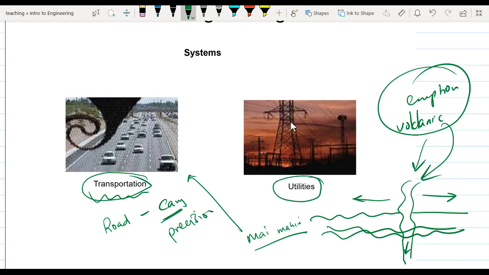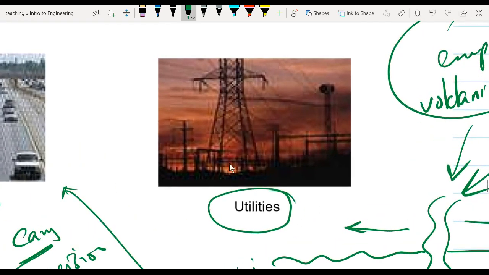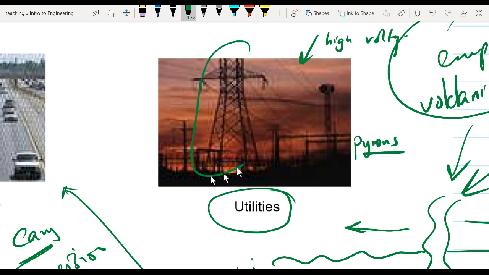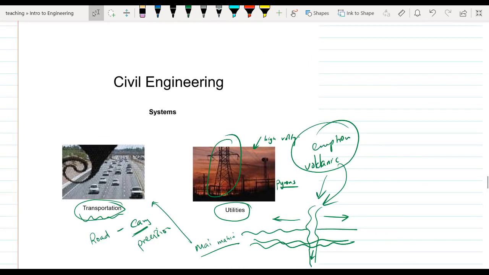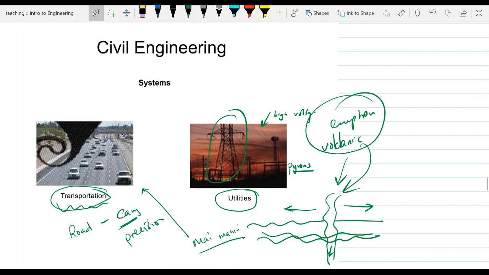I know you have seen these structures that carry high voltage lines, and we call them pylons. I think I said that in our past lecture. The design of this structure to carry our electrical lines is normally done by a civil engineer, because they get heavy and reach over long distances, and therefore they require proper design knowledge.